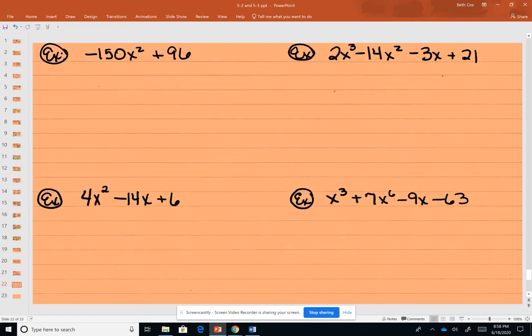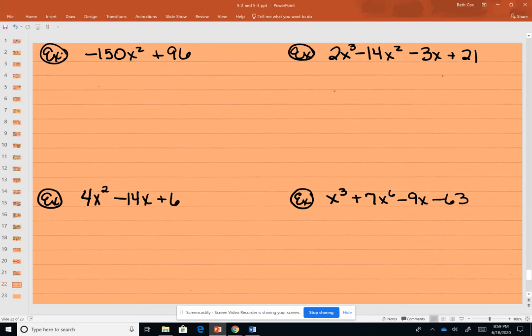Here we go. The first thing that we always need to do is look for a GCF. Well, I see a negative staring at me, so I know I'm going to factor out a negative. But then I need to look at the numbers, and I'm thinking I can do a 2, or maybe a 3, or maybe a 6.